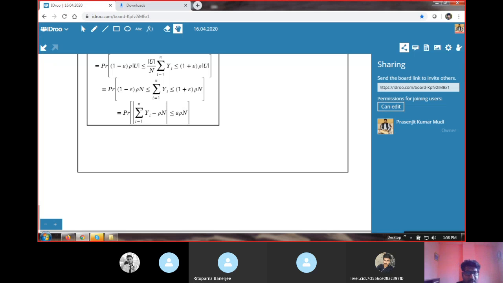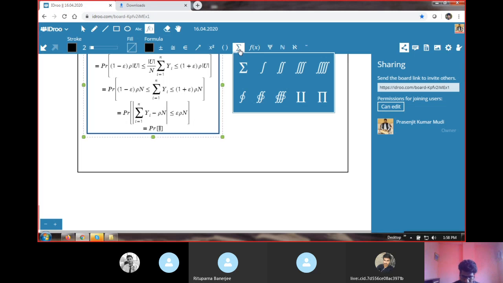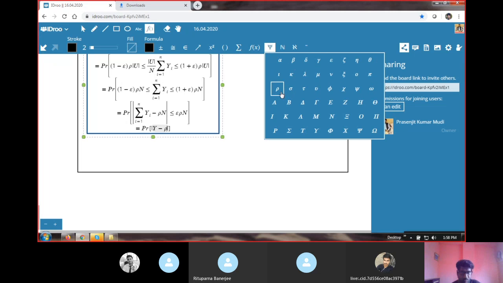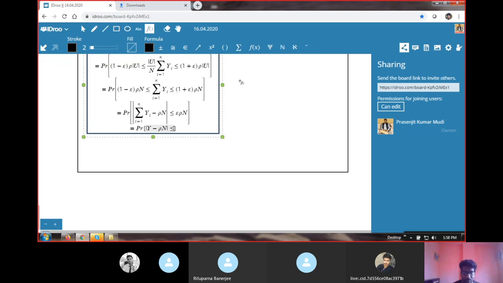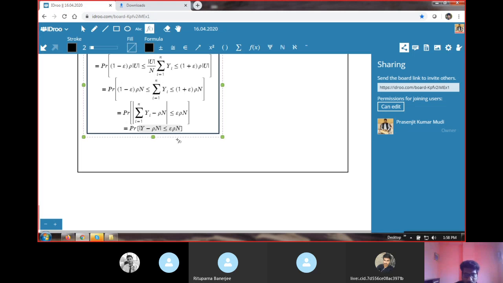So the probability that mod of y minus rho n is less than or equal to epsilon rho n.